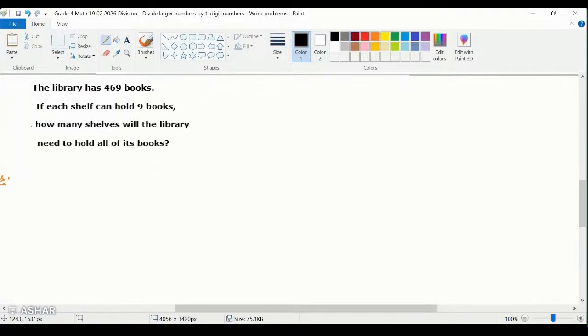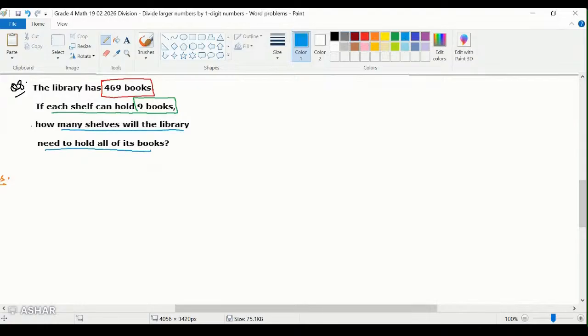This is question number 8. If the library has a total of 469 books, and each shelf can hold 9 books, they are asking us how many shelves would the library need?